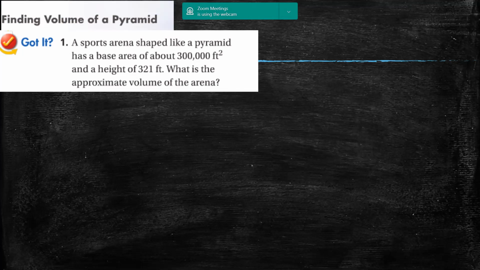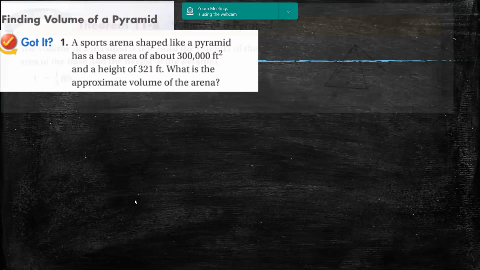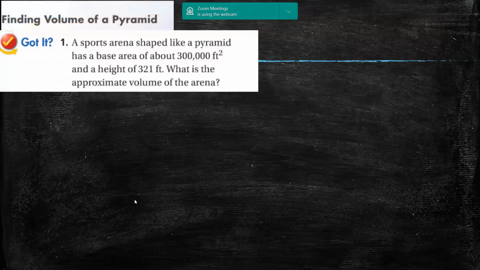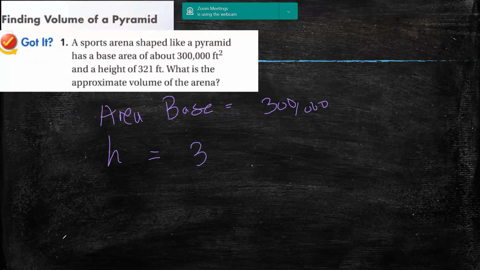Here they give me the area of the base, which is 300,000, and they give me the height of the pyramid, which is 321, and they ask me to find the volume.